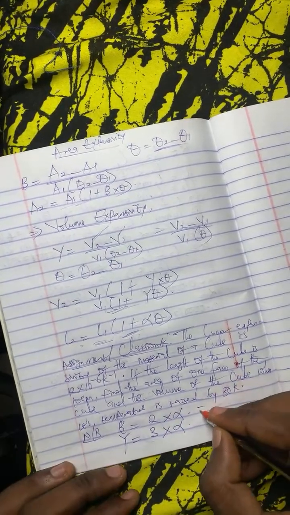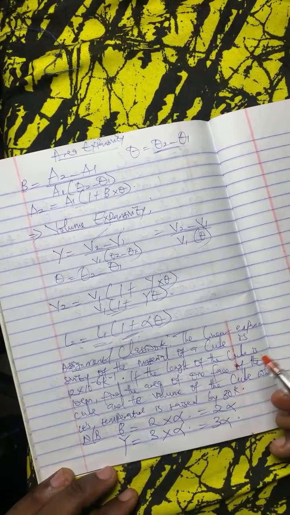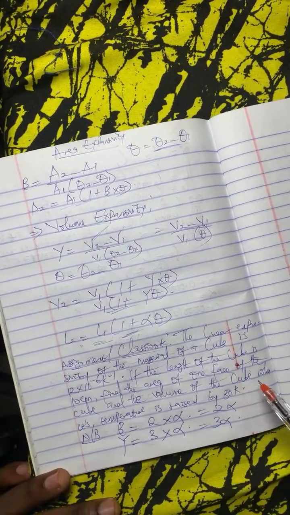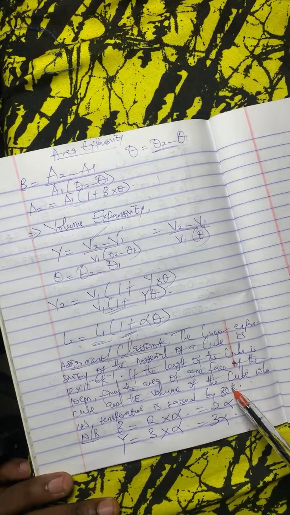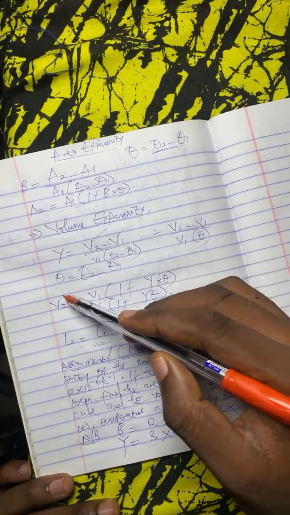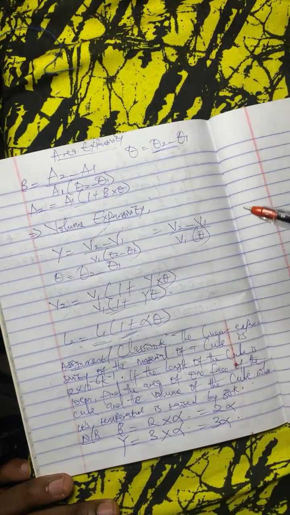So this is 2 alpha, and this is 3 alpha. They say find the area of one face of the cube and the volume of the cube when its temperature is raised. So what they're asking you is to find the volume, that's the V2, and the A2.